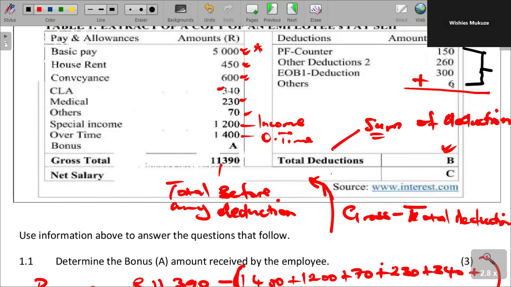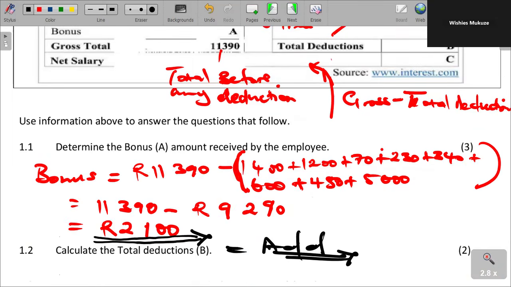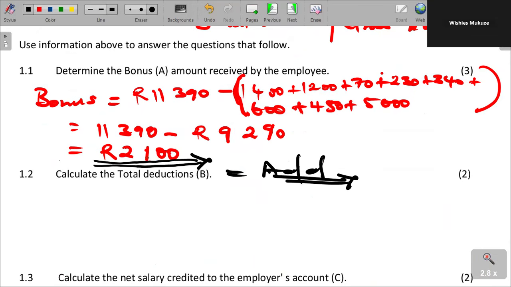We get 716. So total deductions is equally what we did there.